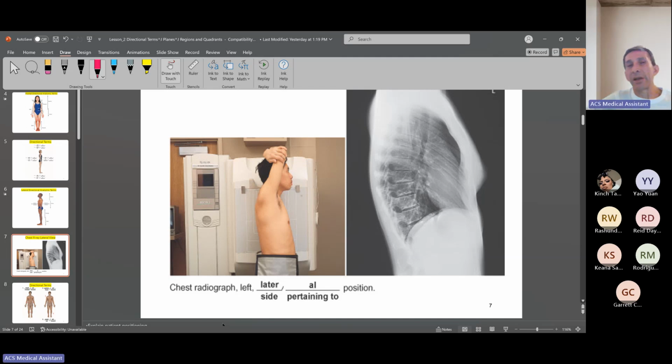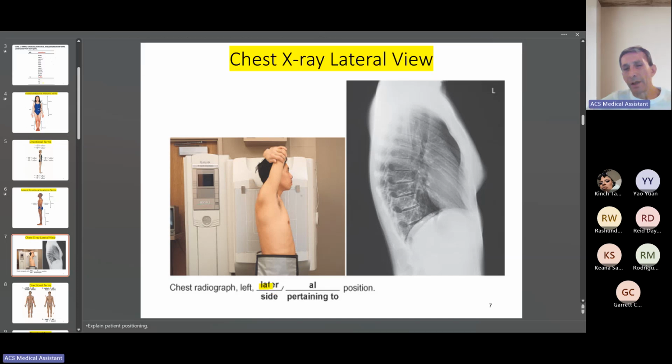Right here it says lateral, remember? On the bottom part, left, lateral. Lateral means side, and AL, pertaining to. It can be the right, not the left. It can be the anterior, the posterior.